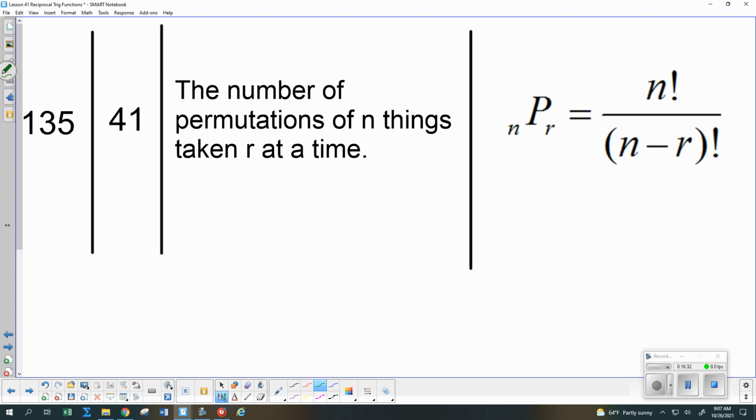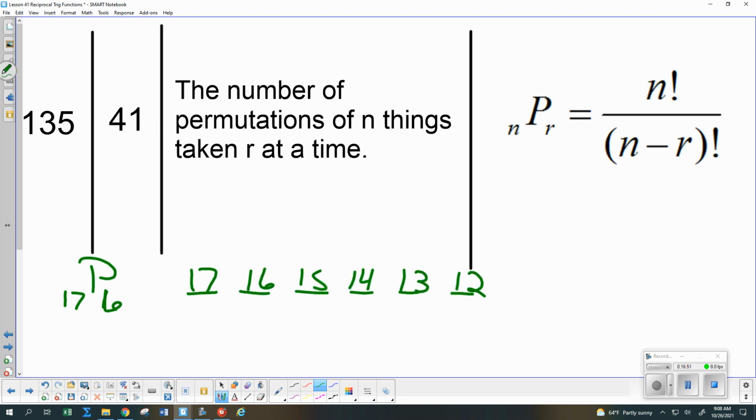If I had the permutations of 17 things taken 6 at a time, I am used to 1, 2, 3, 4, 5, 6 things, right? I have 17 choices for the first, then 16, 15, 14, and I should stop at 12. That's what I'm used to.